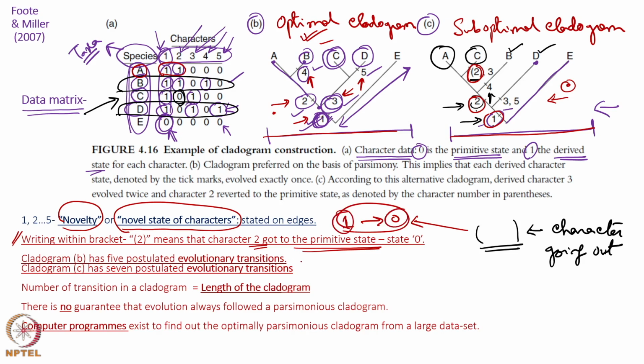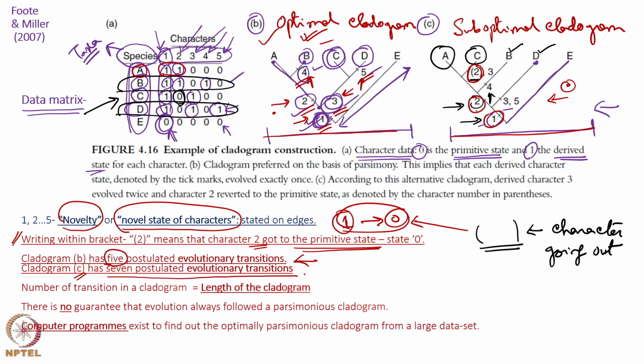Cladogram B, that means our optimal cladogram, has 5 postulated evolutionary transitions. What are they? 1, 3, 2, 4 and 5. 5 times each of the novelty has been added up, whereas in cladogram C total 7 postulated evolutionary transitions are there.